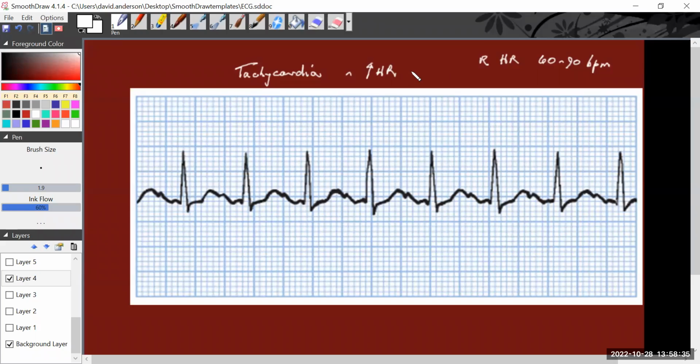So in tachycardia, we've got an increase over the resting heart rate. It may be explained by exercise or those sorts of things. But the point is we're still maintaining our order of sequence. We've got a P wave, a QRS complex, P wave, QRS complex, and the T wave is being represented in this drawing as well.